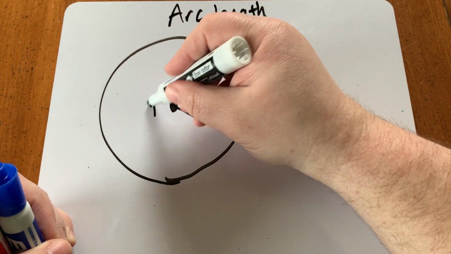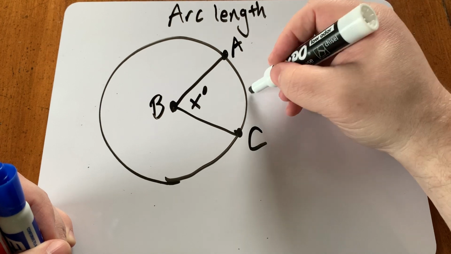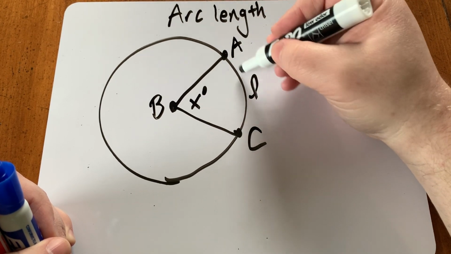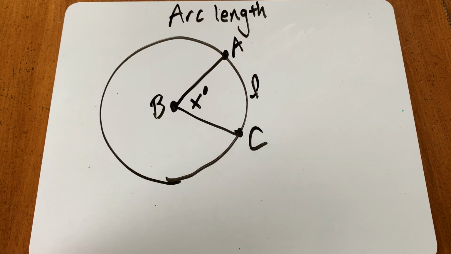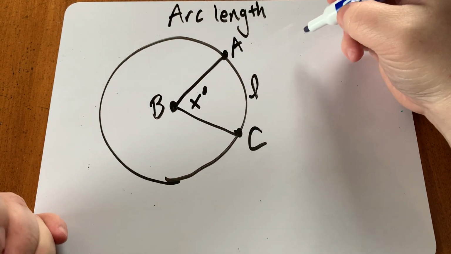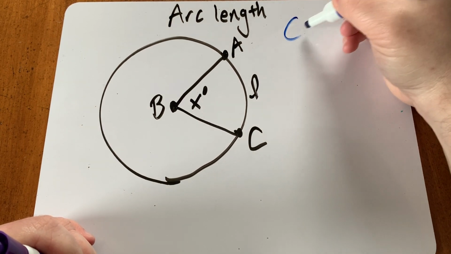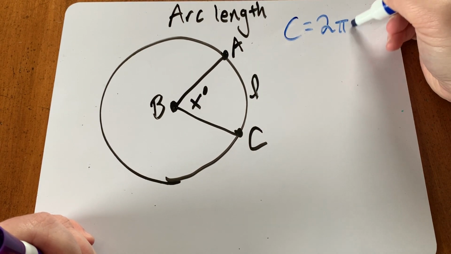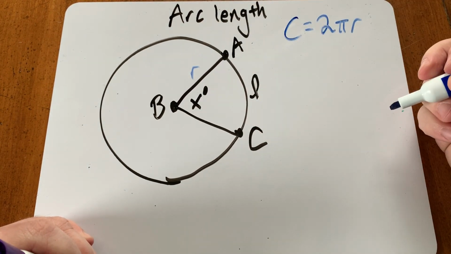But arc length is talking about the distance from point A to C along the circle. Well, we have talked about distance along the circle. We talked about that early in the year when we talked about circles, and we talked about it last section. It's circumference, which is 2 pi r. So you should probably label r.